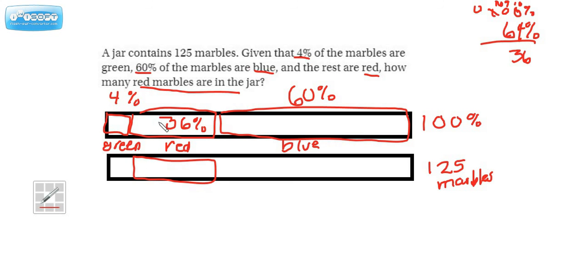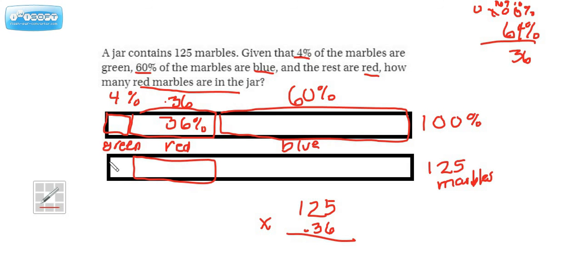Now, if we know that that's 36% of the 125 marbles, that means we can think about our favorite decimal equivalent of this, which would be 36 hundredths, and we can multiply that decimal equivalent with the all of it number. So in other words, take 125 and multiply it by 36 hundredths. And when you finish that algorithm, that's going to be how many are red.